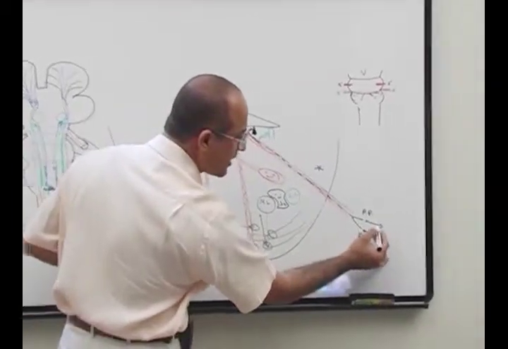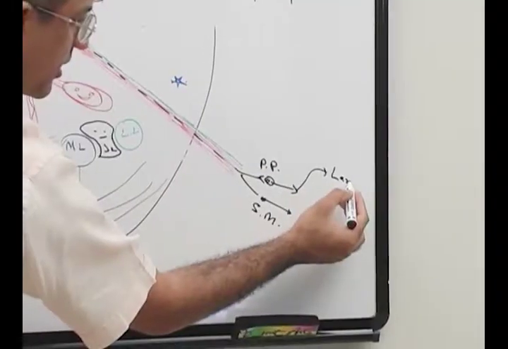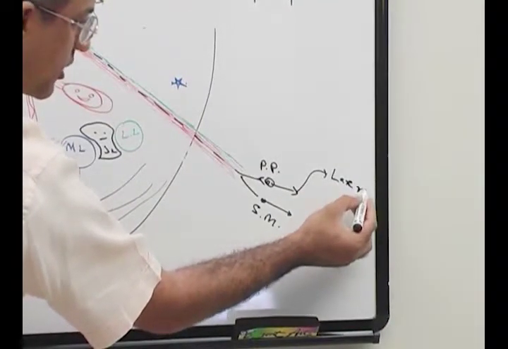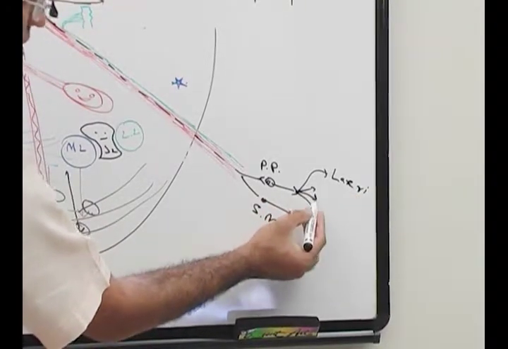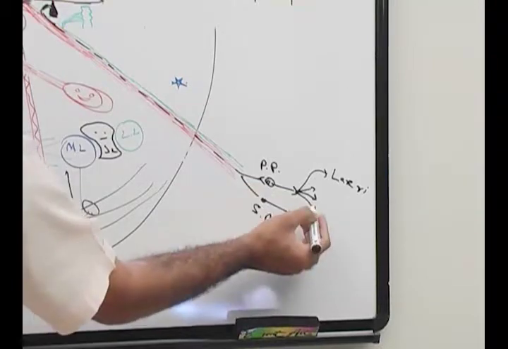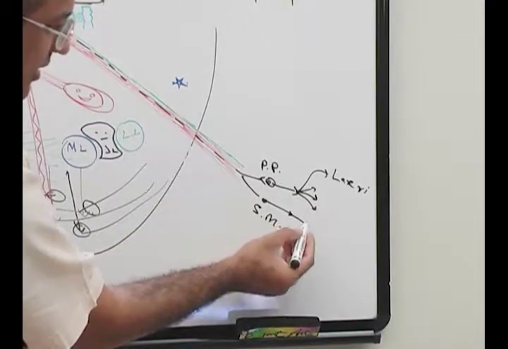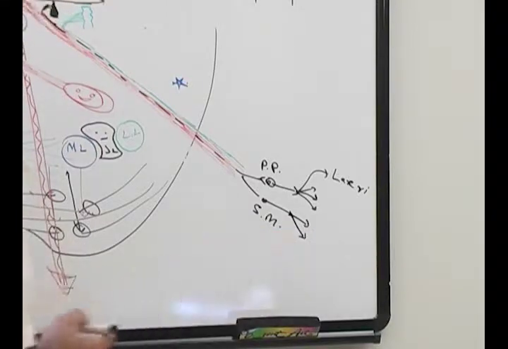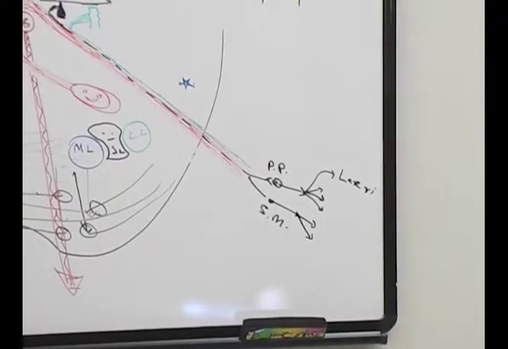Through the pterygopalatine ganglion, these parasympathetic fibers eventually go to the lacrimal gland, and also to some nasal glands, some glands in the palate and some in the nasopharynx. And from the submandibular ganglion, these parasympathetic fibers go to the sublingual salivary gland and submandibular salivary gland.